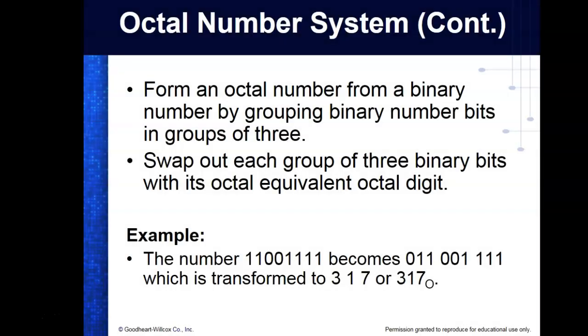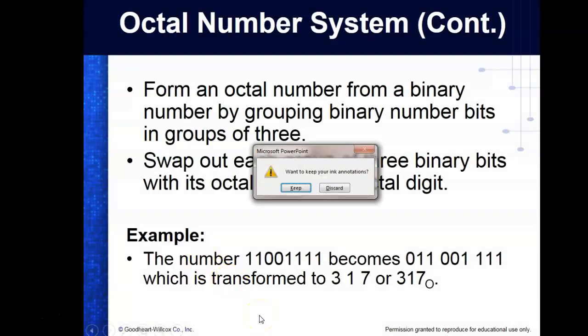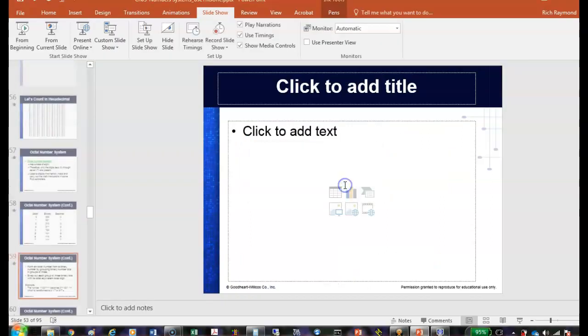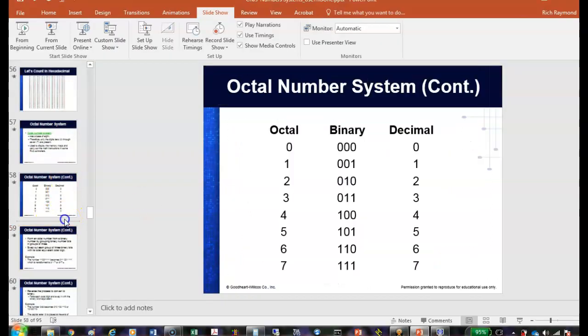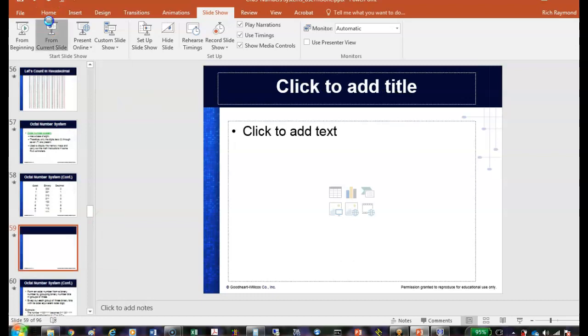From an octal number to a binary, what we do in octal is basically the same thing. So let's say I have, let me pop in a blank page here. So let's say I have a decimal number.